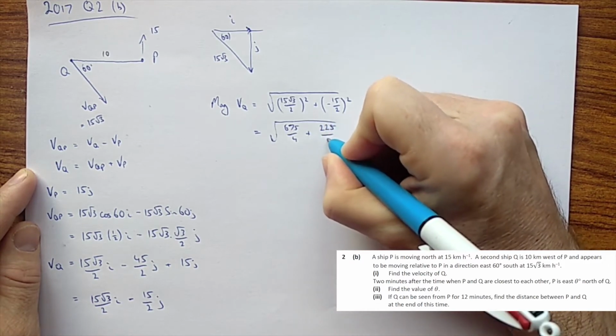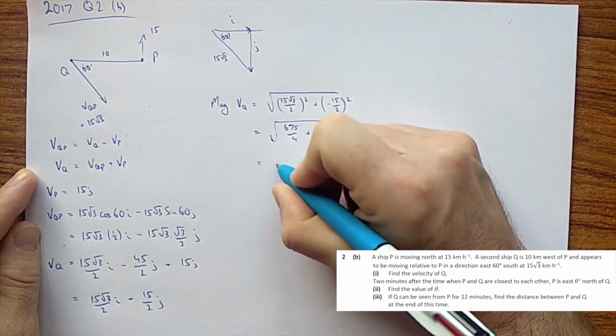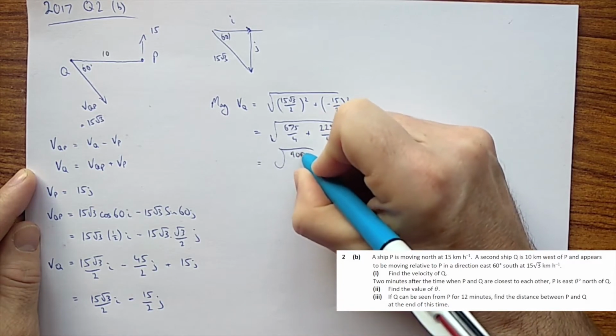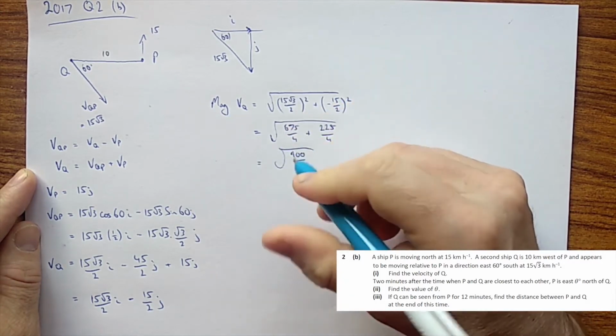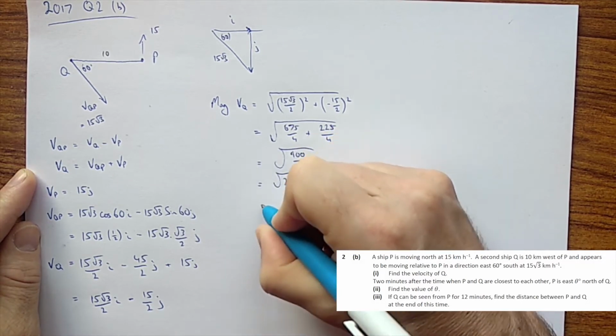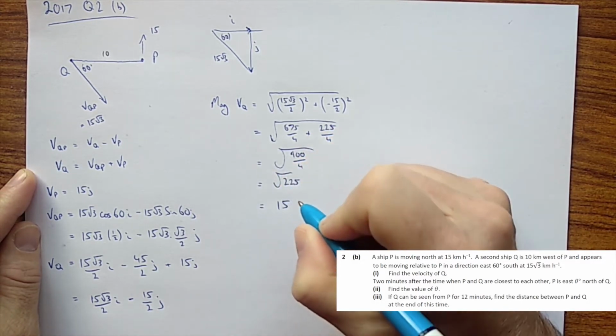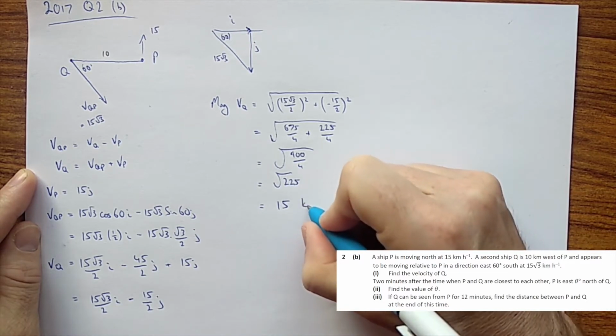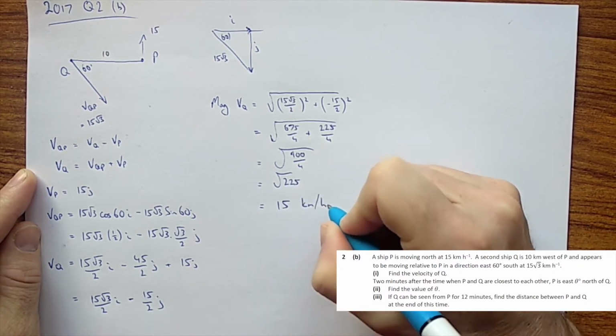And you can see this is beginning to look a little bit less ugly. It's the root of 900 over 4, the square root of 225, which of course is 15. 15 kilometers per hour, because that's our units here.